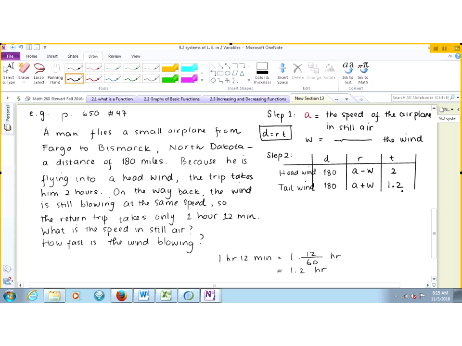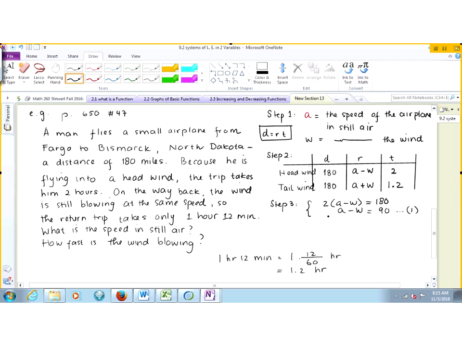So do you think you have two equations? Do you think you can solve it? What are my two equations? 2 times A minus W is equal to 180. Good. So A minus W is equal to 90. This is equation 1. We divide both sides by 2.